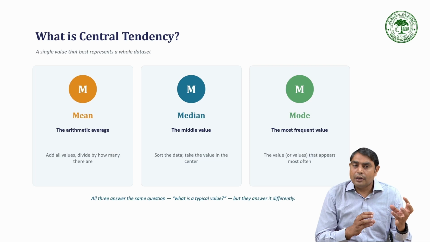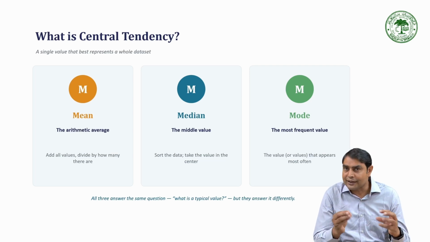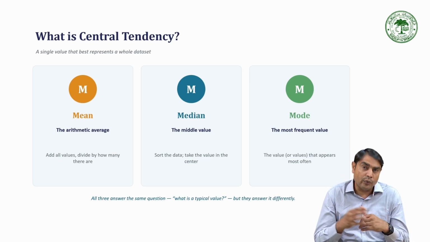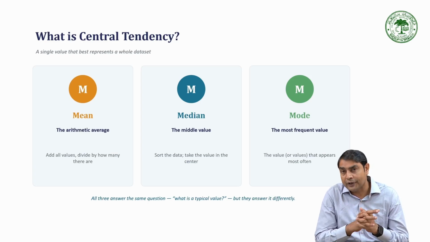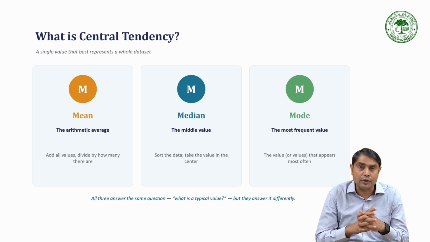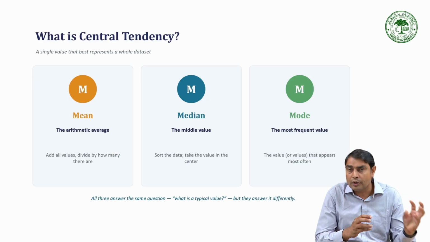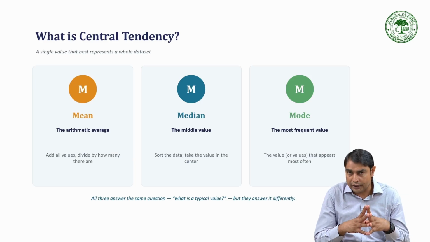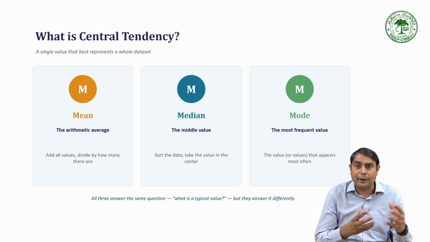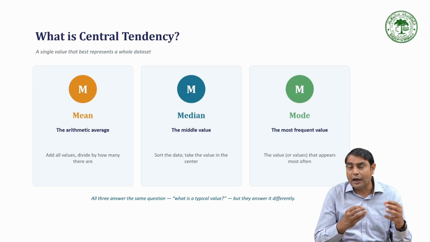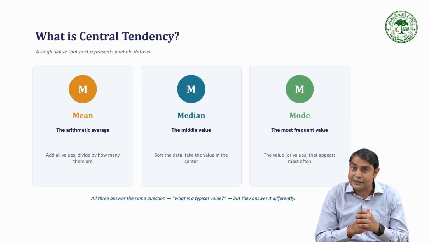Mean has its merit and demerit. Mean is good when you are dealing with ratio data or interval data, but it's not fit for nominal data or categorical data. Another problem with the mean is that it is affected by outliers or extreme values, and it is not suitable when data is skewed.